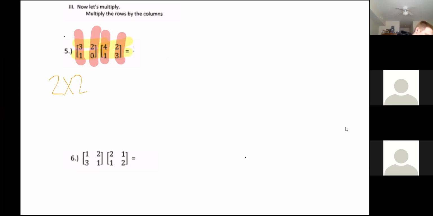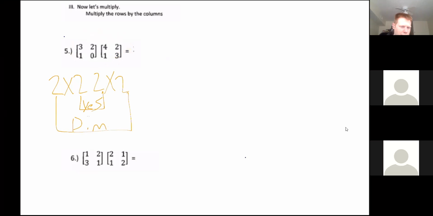So it's also a 2 by 2. Since the inside numbers match, that means yes, we can multiply these. The outside tells us the dimensions or the order of our matrix. I'm just going to put DIM for dimensions because I don't want to write it all out.